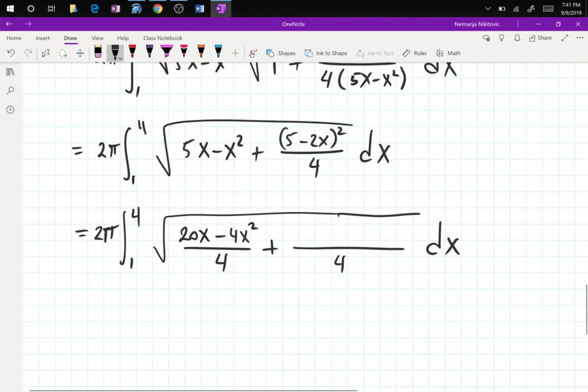And now I have to FOIL on the second one to multiply it out. I have 25 minus, now the middle term is 2ab, so that's going to be 20x. Because it's 2ab, right? You have 2, and then you have a 5, and then you have 2x.